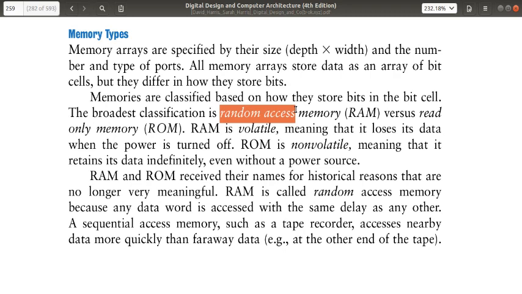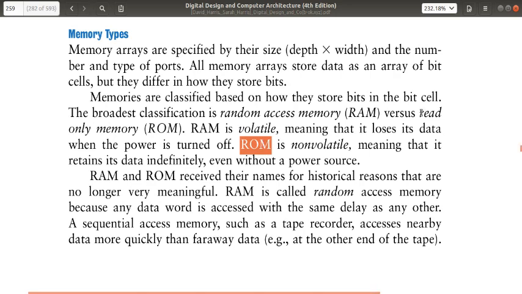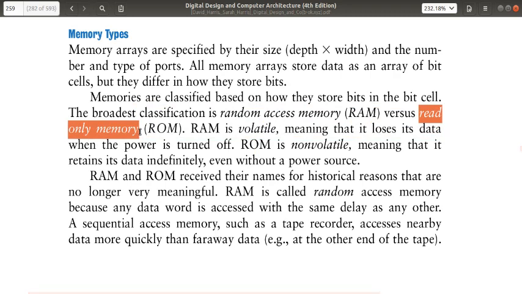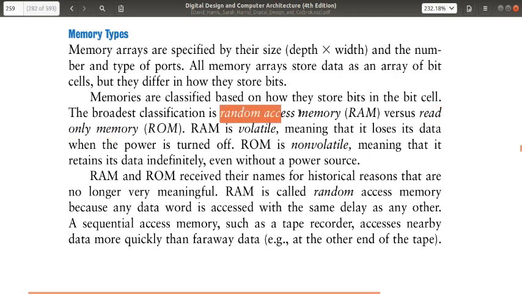But RAM and even ROM, the full form of ROM being read-only memory, is a random access device, because in a ROM also the time taken to access any memory location is the same. But for the sake of discussion, ROM, read-only memory, is a non-volatile memory, and RAM, random access memory, is a volatile memory.